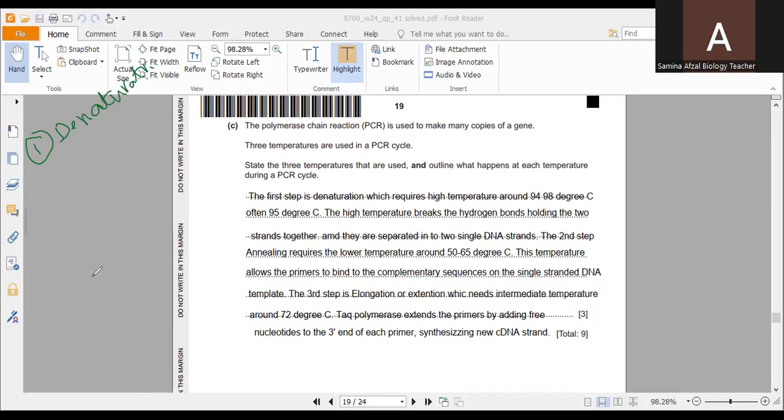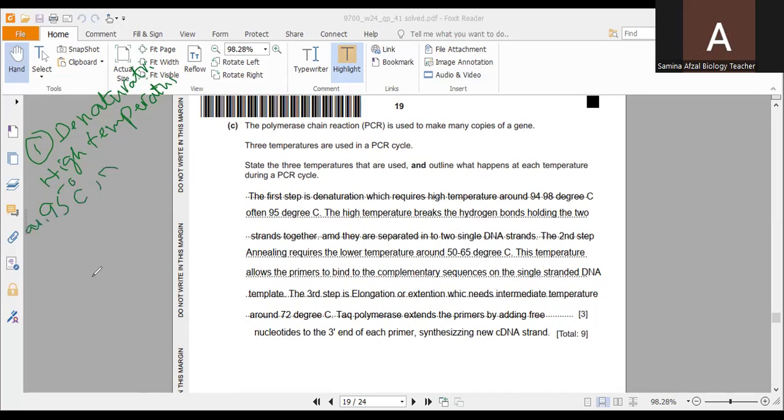Denaturation occurs at high temperature, and high temperature means about 95 degrees centigrade.